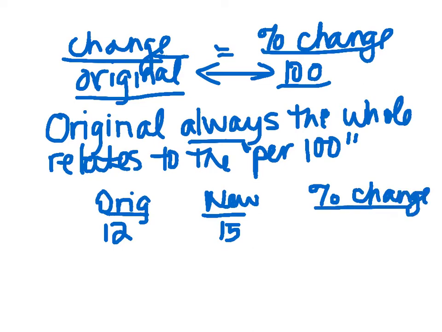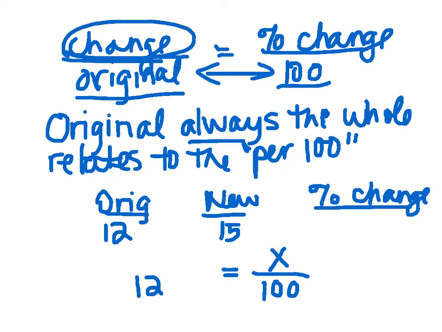So what we don't know is the percent change, x out of 100. We know the original is always 12. Now, if I want this to be the percent change, then over here, this number must represent change.